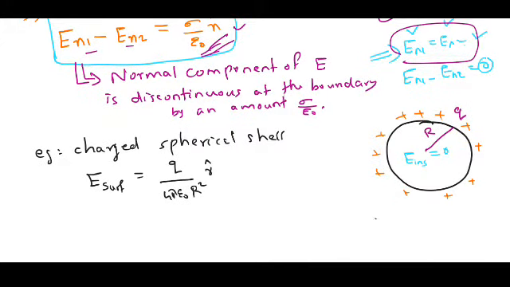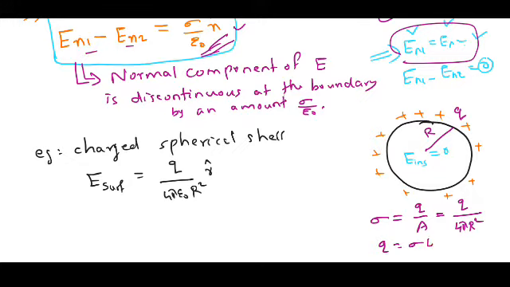Then sigma is equal to Q by A, where sigma is the surface charge density, Q is the total charge, and A is the area of the spherical shell, that is 4 pi r square. This Q can be written as sigma into 4 pi r square.